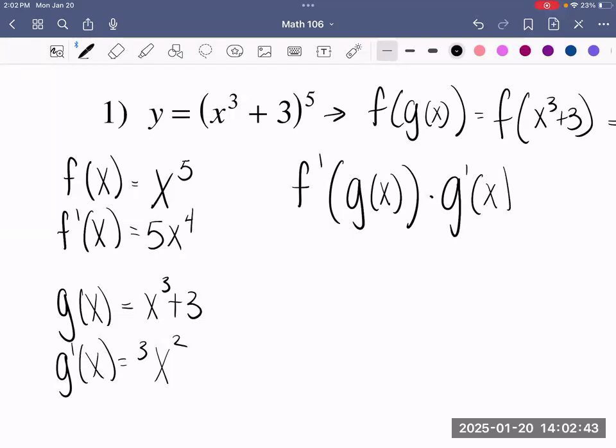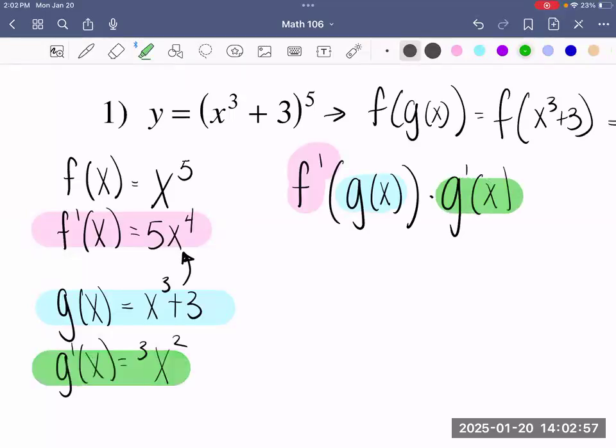So we'll take your f prime, but we're going to have to work in your g of x, and then we can go ahead and derive g of x. So this can be written as 5, and instead of saying x to the fourth, we're going to work in your g of x.